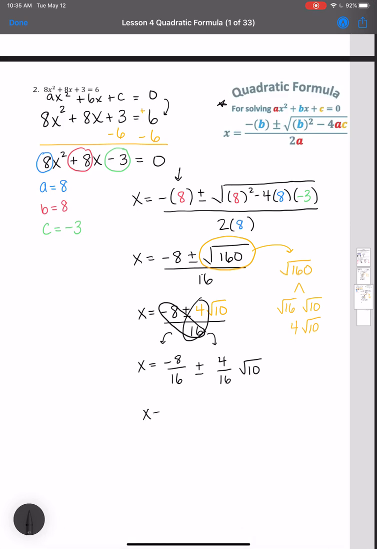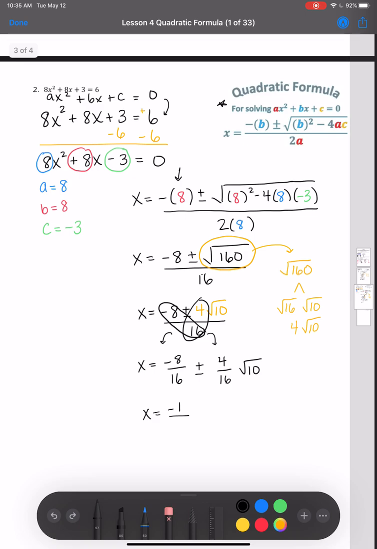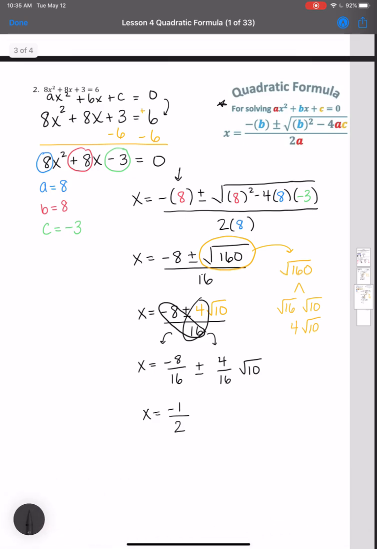So 8 divided by 8 is 1, and 16 divided by 8 is 2. And then the greatest common factor of 4 and 16 is 4. 4 divided by 4 is 1, and 16 divided by 4 is 4. So your answer is negative 1/2 plus or minus 1/4 times radical 10.